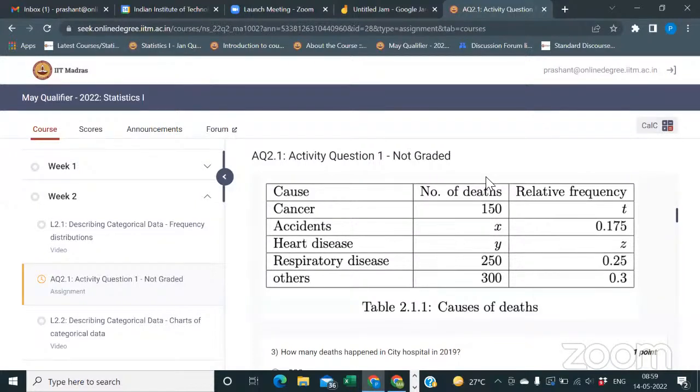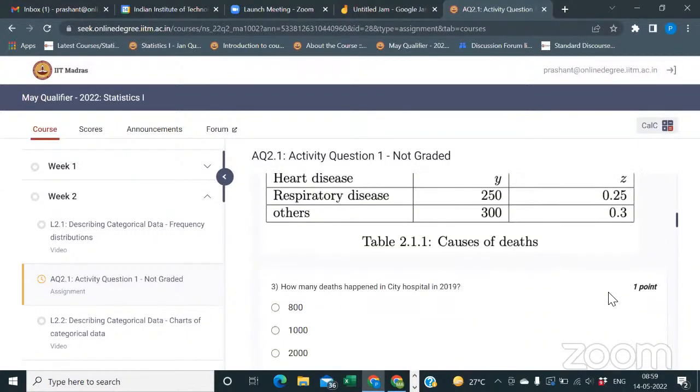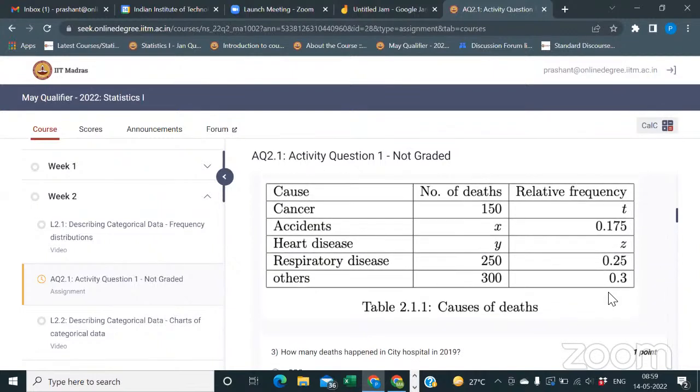First tell me, the third, fourth, and fifth questions are all correlated. In the third question, it asks how many deaths happen in the city. It means you are asking about the total number of observations, the total number of deaths. What is this second column?